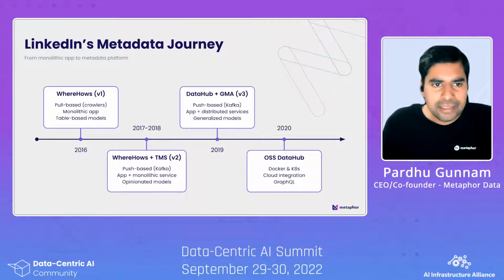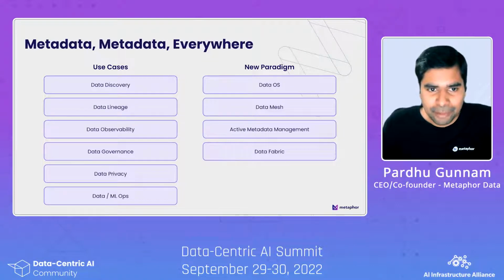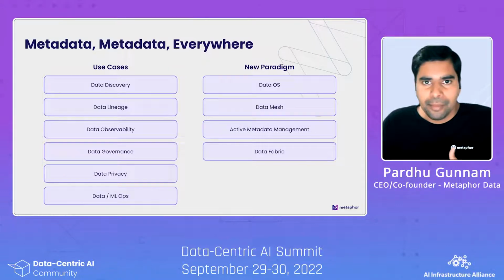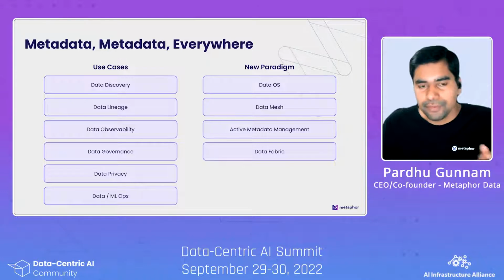So with that being said, we have heard about metadata in multiple places and what an MMP is. You can understand metadata can solve a lot of use cases beyond data discovery, like data lineage, observability, provenance, governance, privacy, and more famously these days, MLOps. If you treat all these things as metadata problems, you can solve all these use cases using a metadata platform.